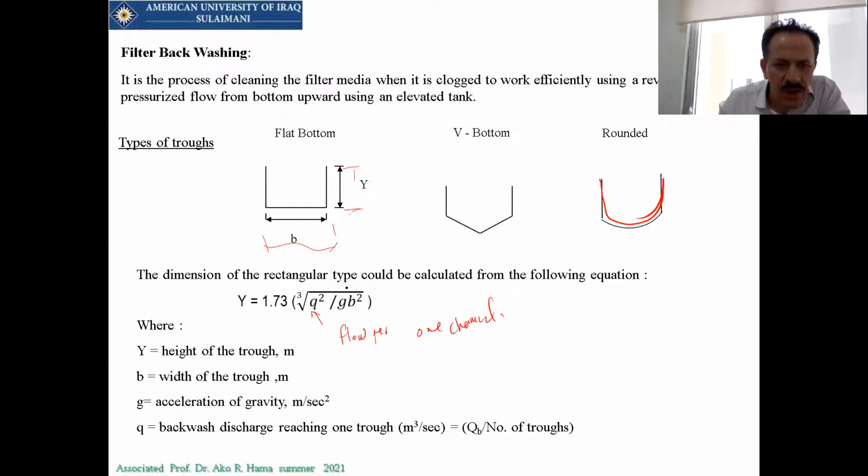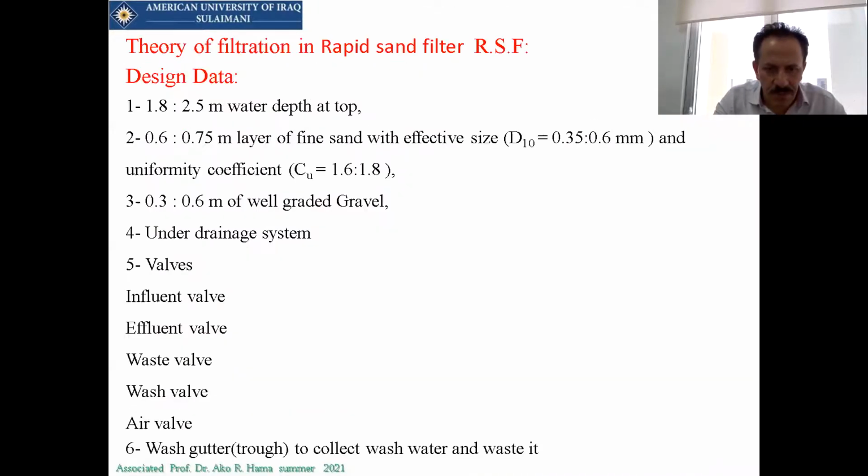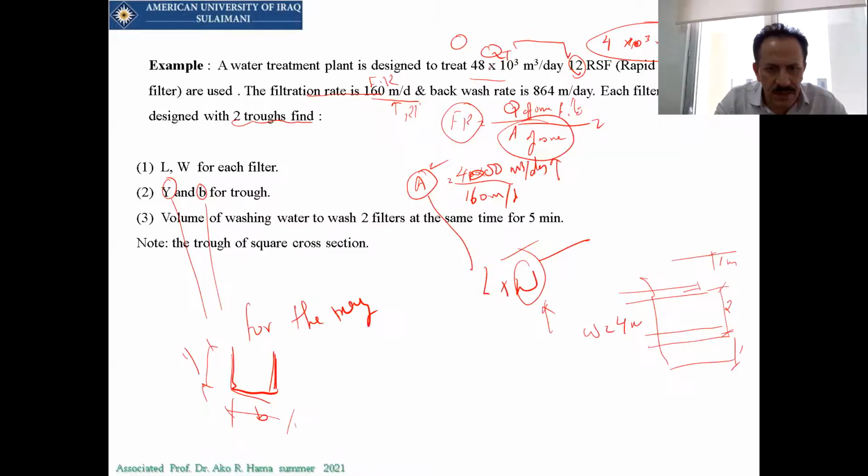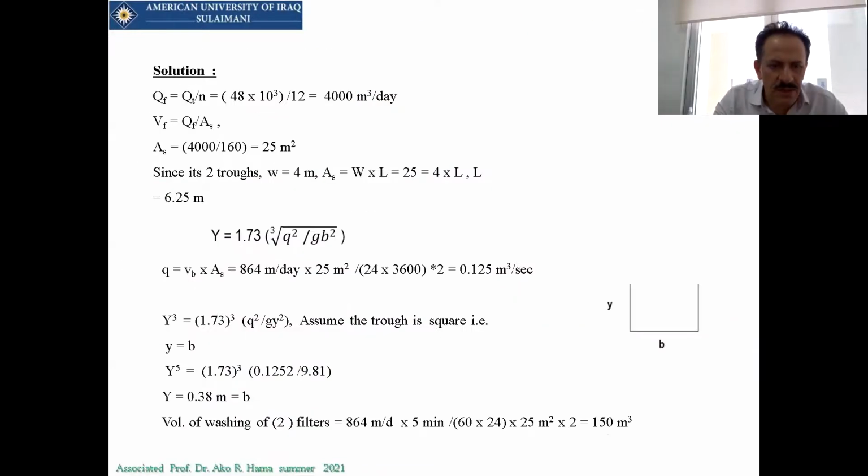When we say this is a square one, I will consider y equal to b. So I will just use this one as b, and I have the q for each filter. Then for backwashing the filter, we have one equation with one unknown, which is b. I will find the value of b through this equation. We discussed all these equations overall, but this was as a review.